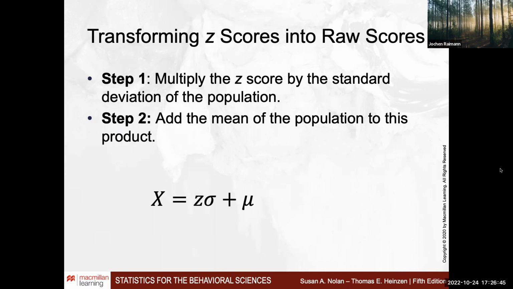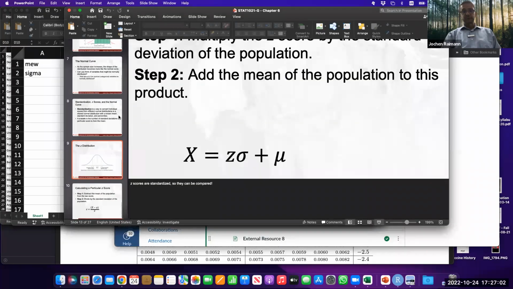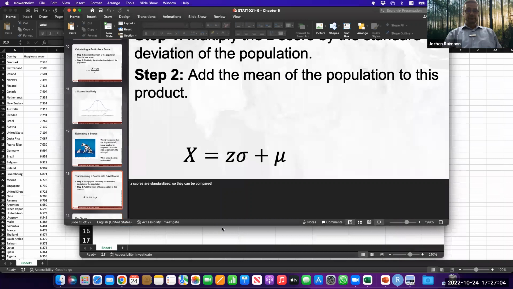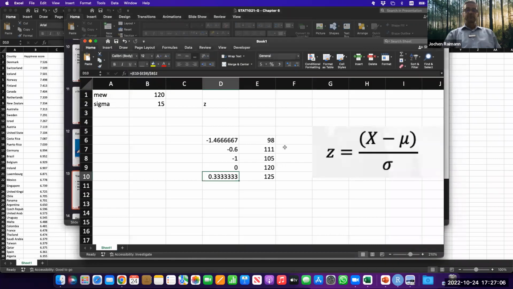So 1.96, or that individual z-score, multiplied by the standard deviation plus the mean gets you back to the individual score, right? Logically. If you have an Excel spreadsheet here, you have 98 and you have minus 1.46.